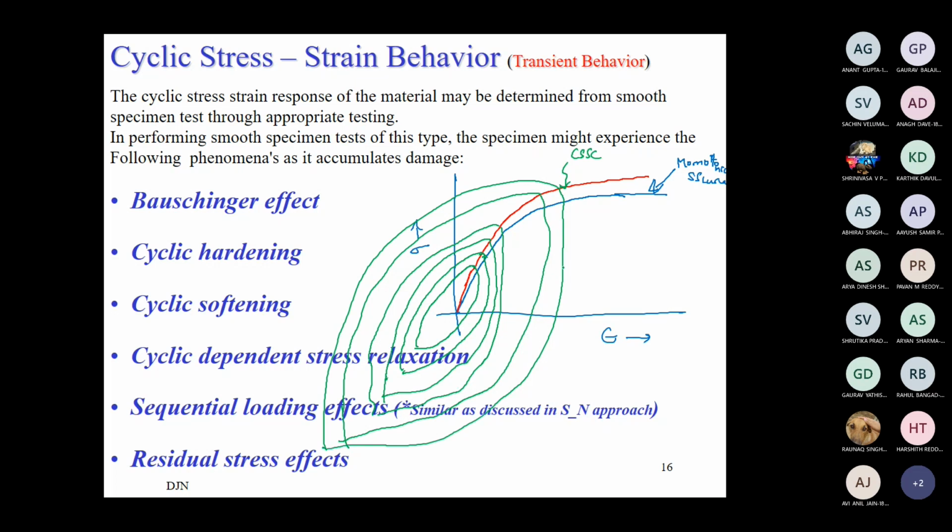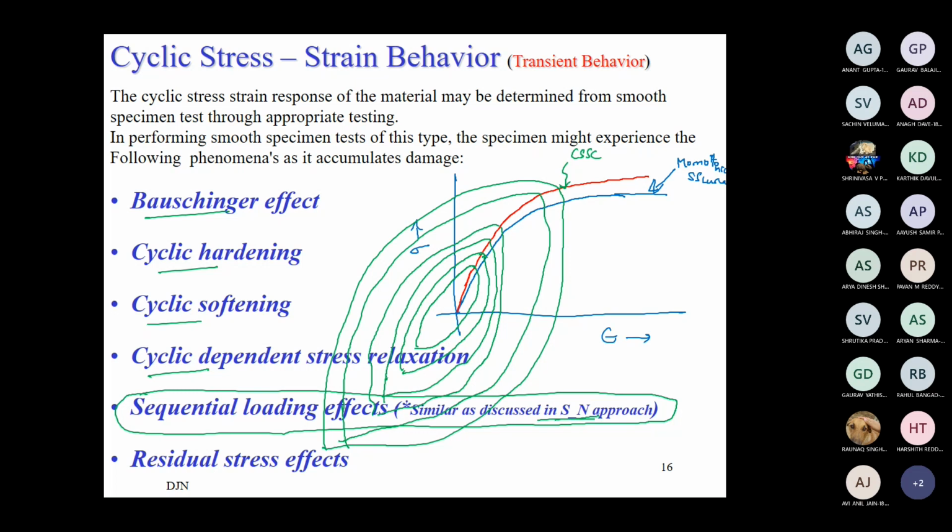And the green colored ones are the hysteresis equation. Whatever parameters are mentioned here, such as the Bauschinger effect, cyclic hardening, cyclic softening, cyclic stress relaxation, sequence or loading effect, I already explained elaborately in the SN approach chapter. That is why the note is mentioned here, similar to what was discussed in high cycle fatigue.